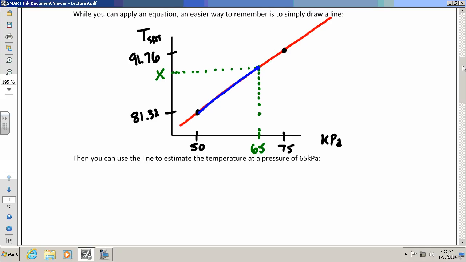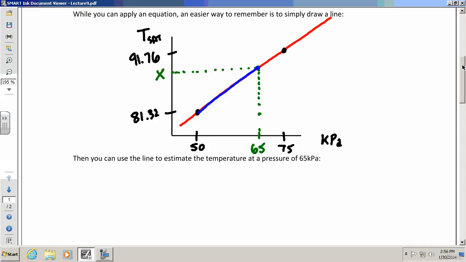Now we're going to apply a very simple grade school mathematical concept, and that is slope. And the key thing is to realize that the slope of the red line is the same as the slope of the blue line. They're the same line, same slope, right? And so here's what we're going to do.